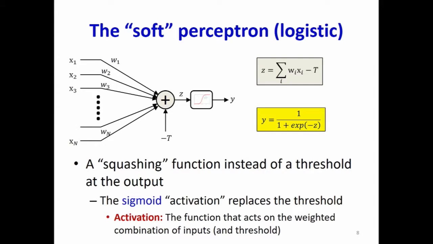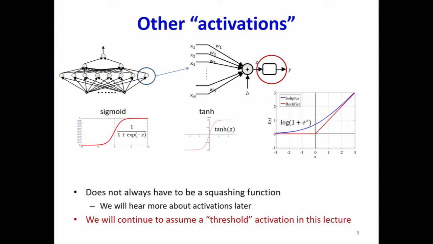And once we figure that we're not really insisting on switching outputs, we can replace that function, which operates on the affine combination of inputs, using other functions like the ones in the figure, like the tanh, or the softplus, or the half wave rectifier, which is 0 if the input is negative and equal to the input if the input is positive.